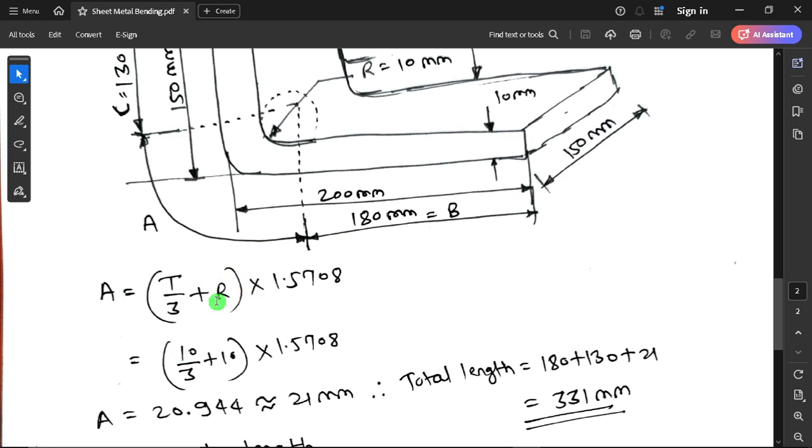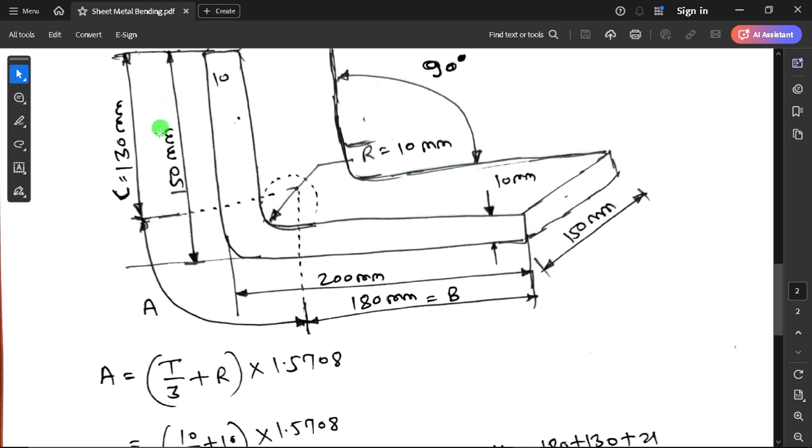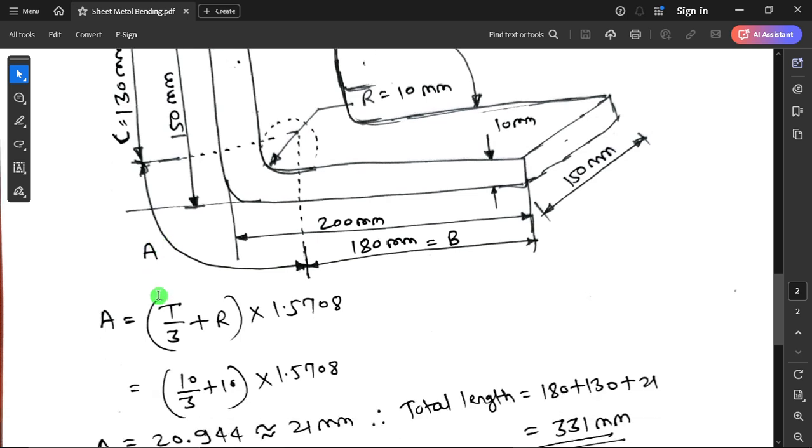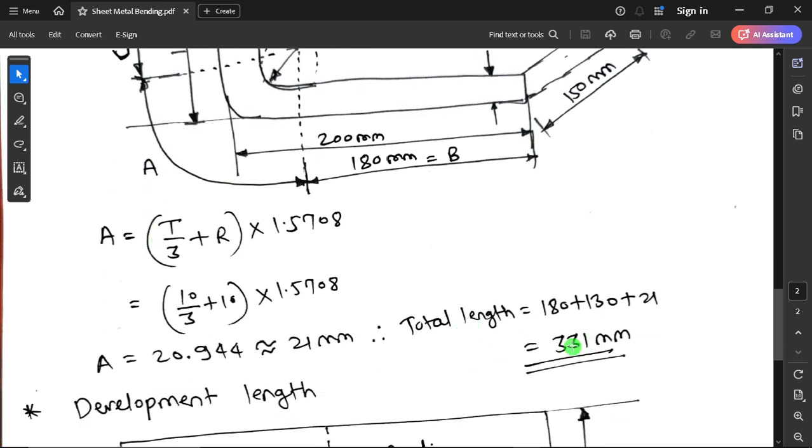This formula is for 90 degrees. For other degree bends, I will provide the formula at the end of the video. So A comes as 21 mm, and to calculate development length I will add 180 plus 130 plus 21. So my total length is 331 mm. It's the development length.